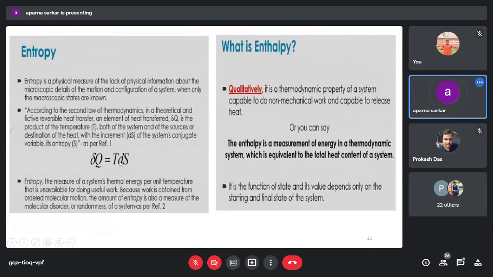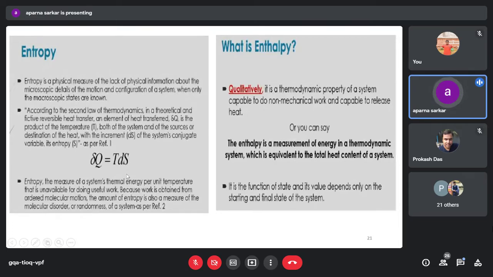That is the system, or you can say the source and the destination of the heat, with the increment. So temperature is a parameter, you are applying temperature, and dS is the source increment, destination of the heat. This is the parameter. So del q is heat.